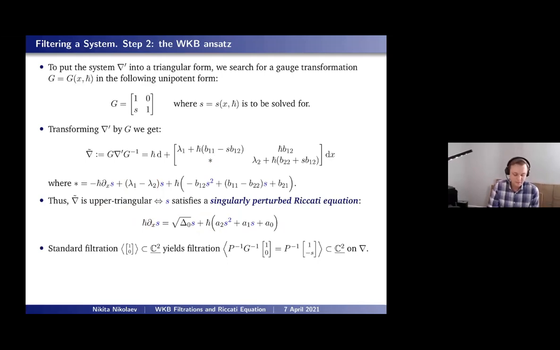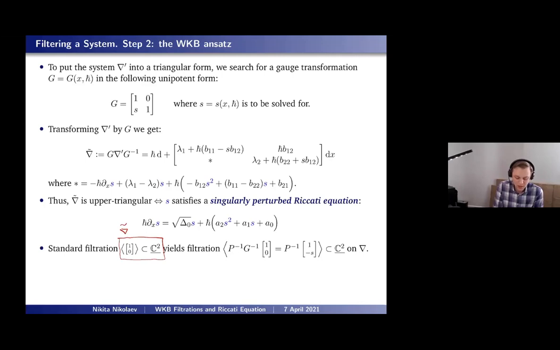Right. So how do I see the filtration? Suppose I did get a function S which solves this Riccati equation. Then this standard filtration on the triangular system nabla tilde, so this is for nabla tilde, I need to pull it back using my gauge transformations to my original system nabla.